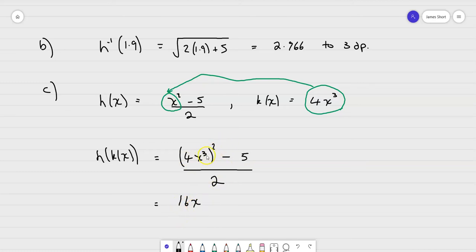And the rules of indices state that when you've got an index raised to a power, we multiply them, so 3 times 2 is 6. So we have 16x raised to the power of 6 minus 5, divided by 2. And that is a good enough answer.